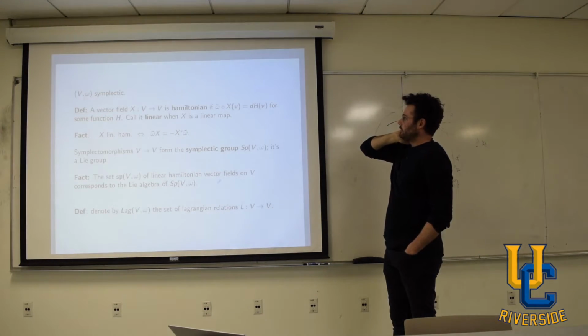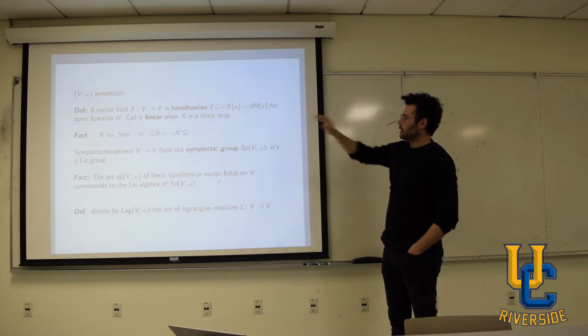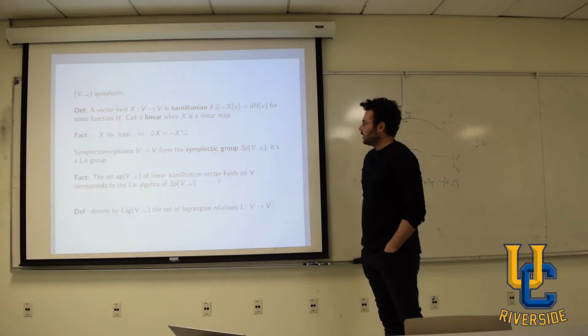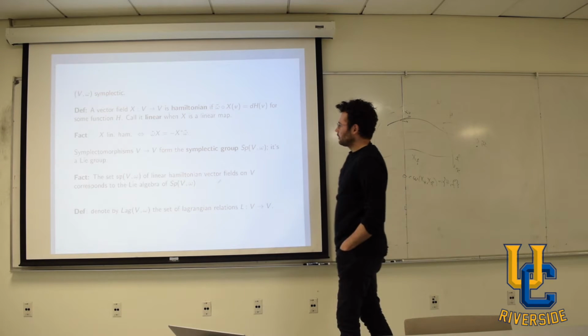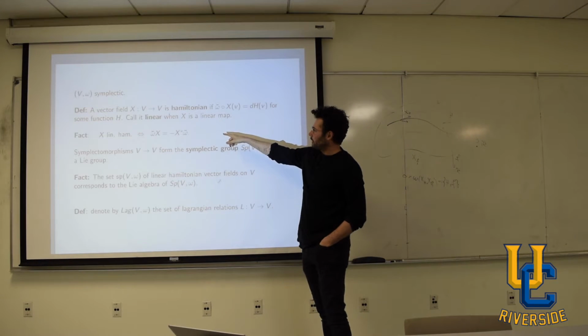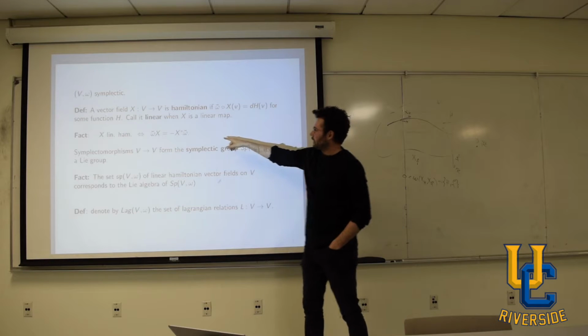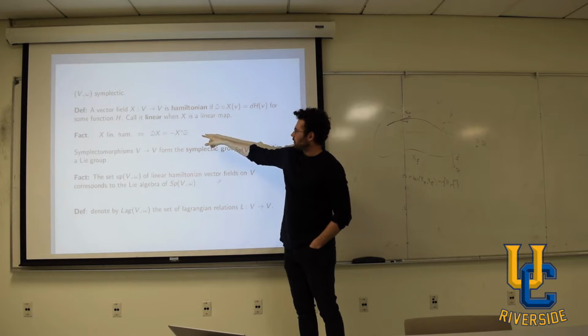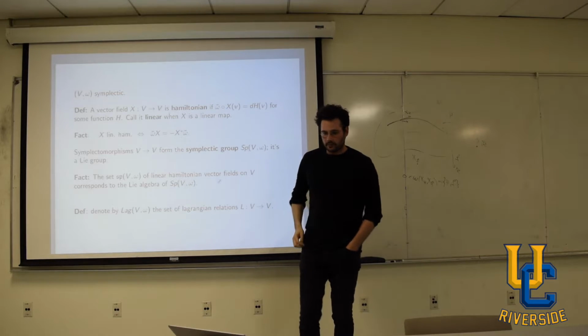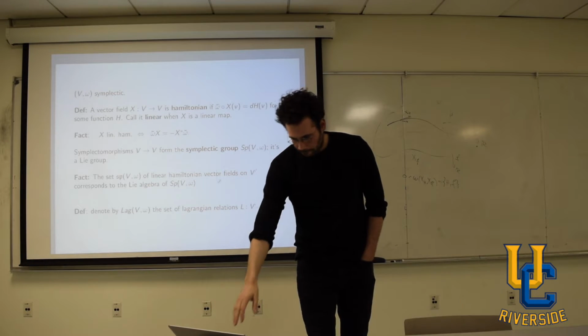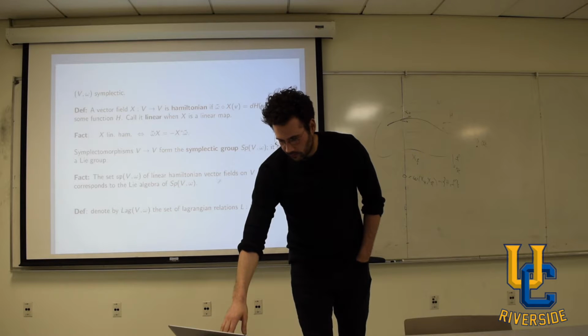And we call such a vector field linear if it's just a linear map from V to V. And a different way of saying the same thing with respect to this omega tilde map from V to V star is to say that X commutes with omega tilde in this way. So this is the adjoint map there with a minus in front. And that's the formulation I'll be using later.